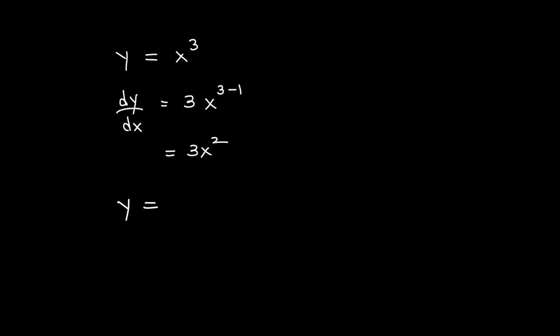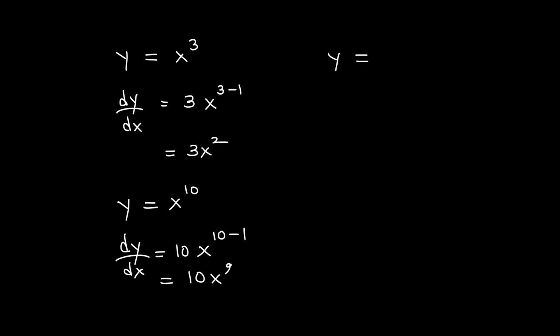So we have y equals x cube. Dy by dx is equal to 3 comes down, x remains as it is, power reduces by 1, which becomes 3x square. Y is equal to x raised to the power of 10. Dy by dx, 10 comes down, x remains as it is, power reduces by 1, that is 10x to the power 9.